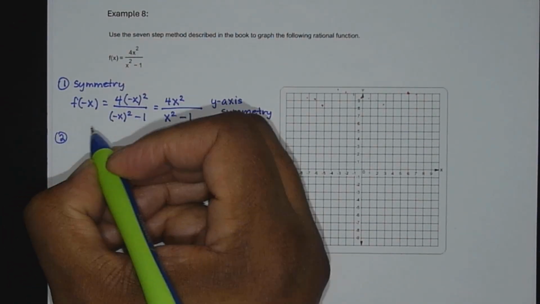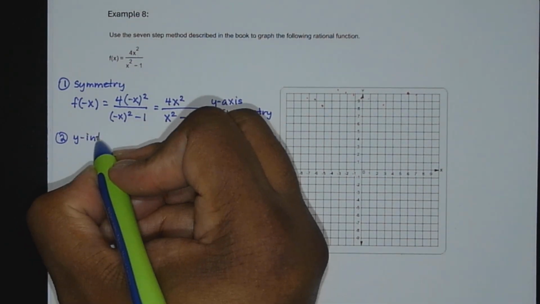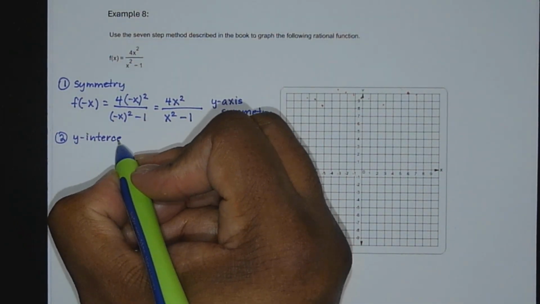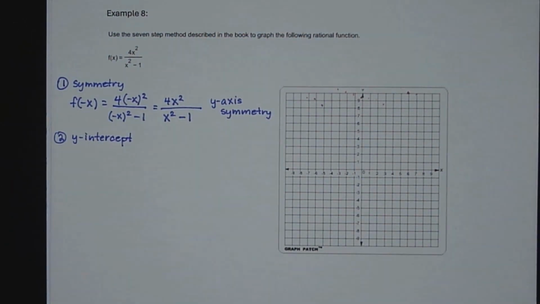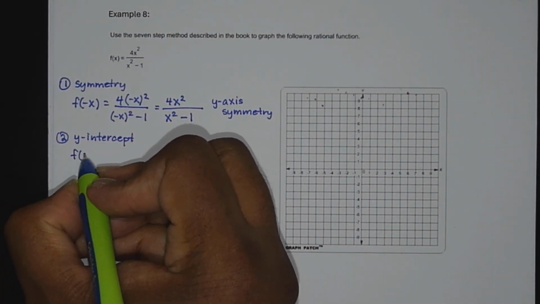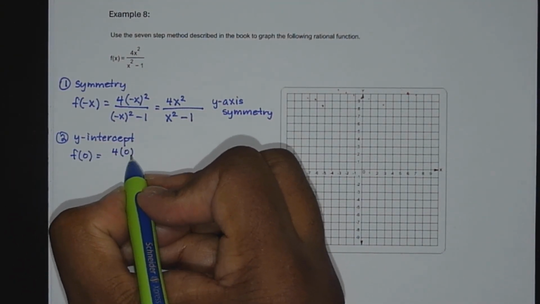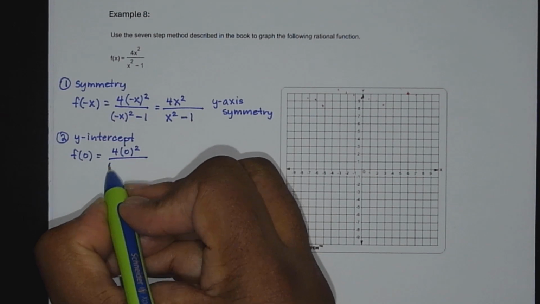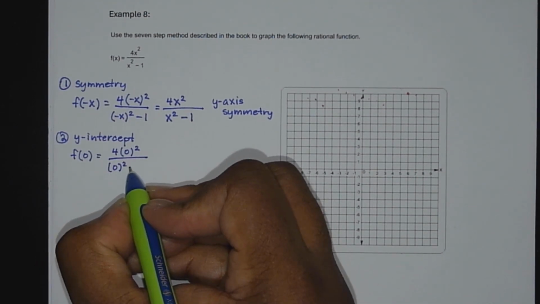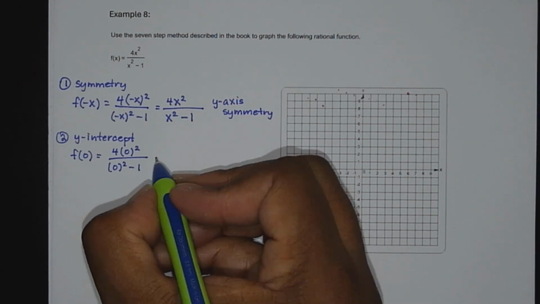Now step number 2 is finding the y-intercept. To find the y-intercept, we always let x equal 0. So we're going to evaluate this function at x equals 0. We just substitute every x in that function with 0. So I have 4 times 0 squared divided by 0 squared minus 1.